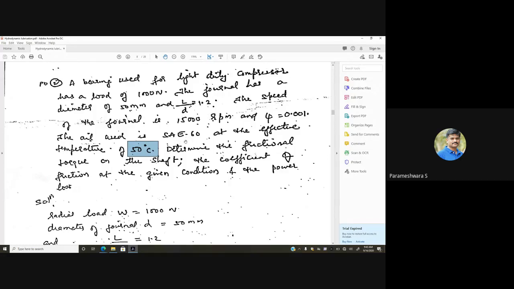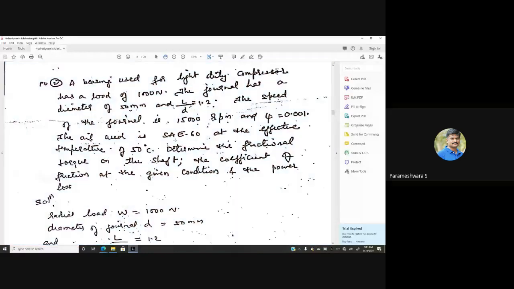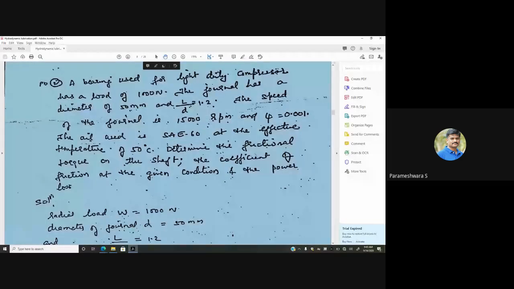If you want to find the viscosity of the lubricant and they mention the grade of the oil, it is mandatory to mention the operating temperature, because as we are all aware, the viscosity of the lubricant varies with the temperature. Just take an example. It's an example, not the exact value.